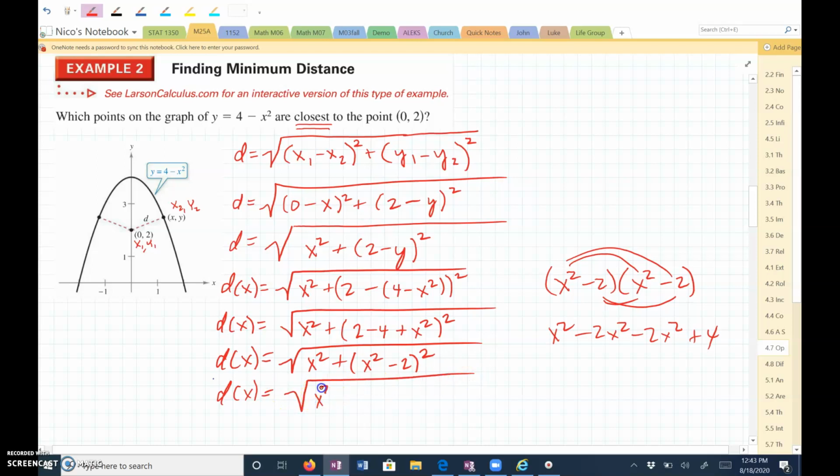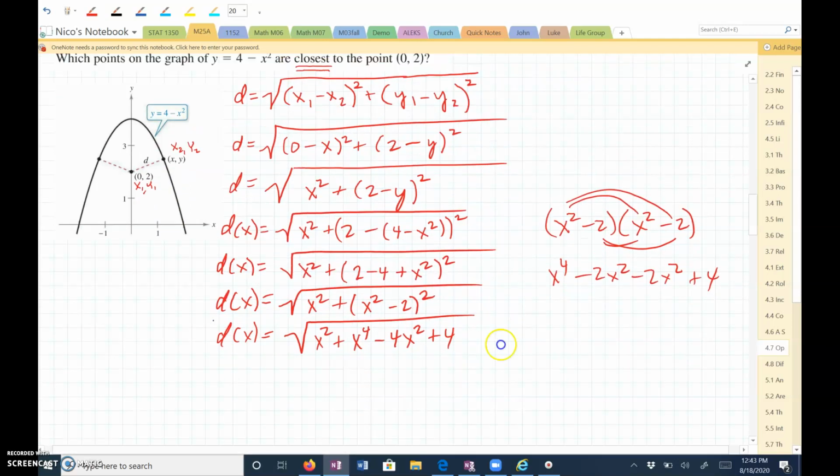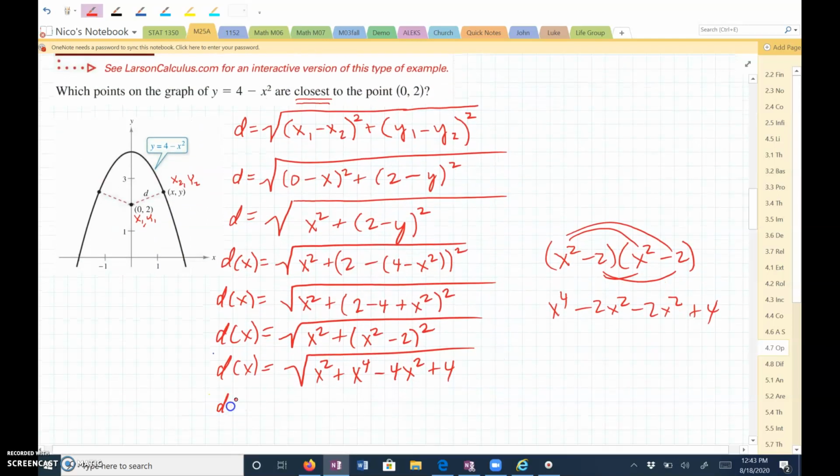So this is going to be x squared, plus x to the 4th minus 4x squared plus 4. So this would be x to the 4th minus 3x squared plus 4.